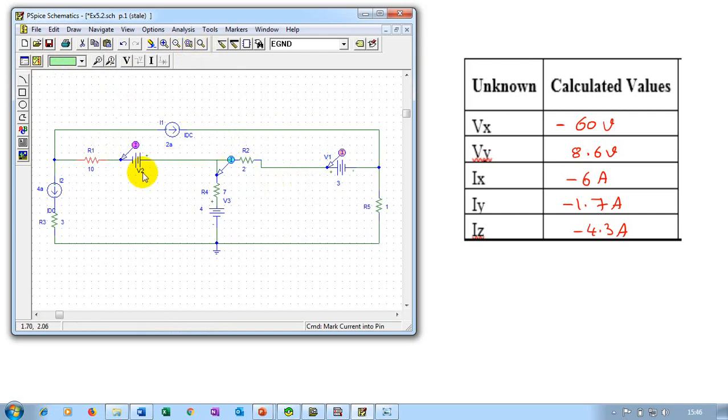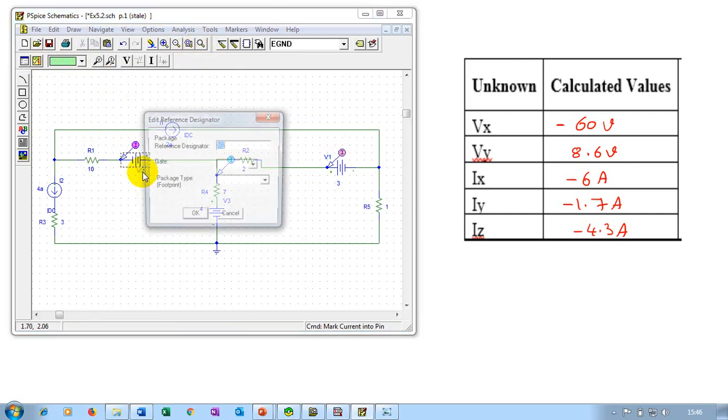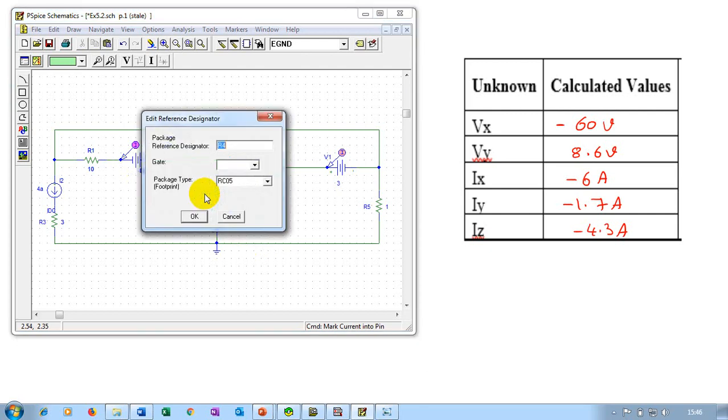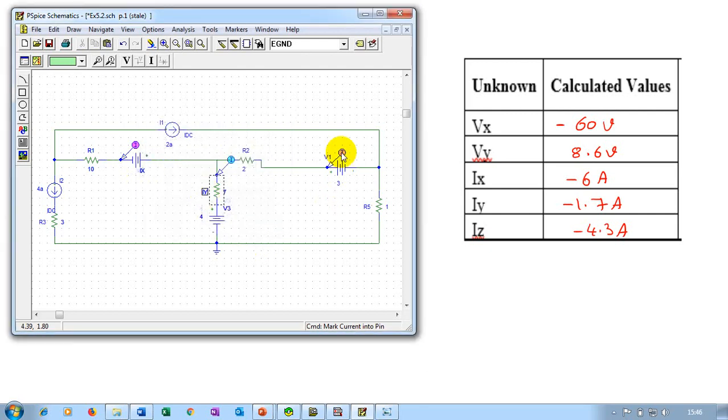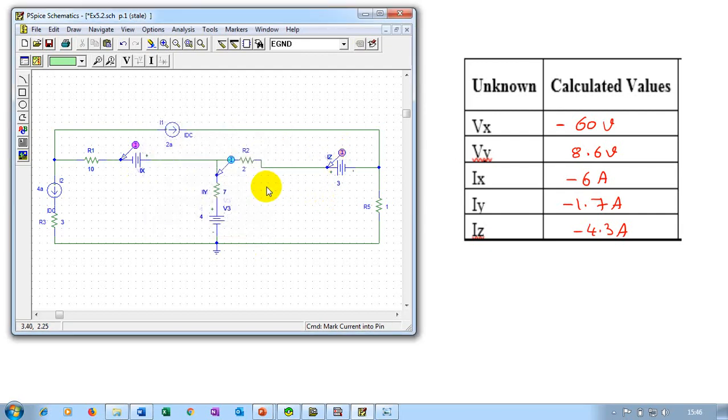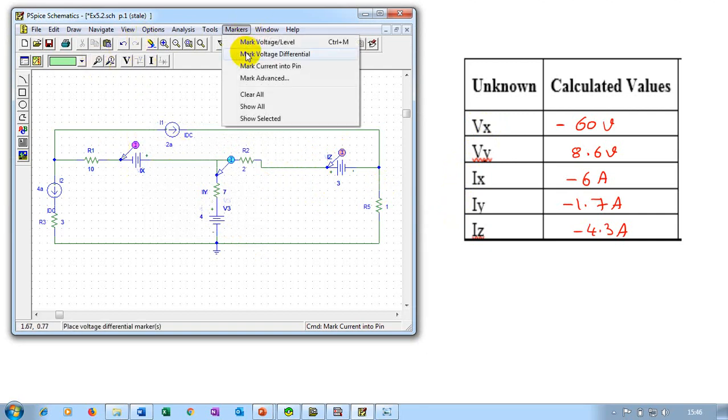Next, I'll rename this V2 as Ix, this R4 as Iy, and V1 as Iz. Next, we need Vx and Vy. If you remember the polarity for Vx, go to marker, take positive.